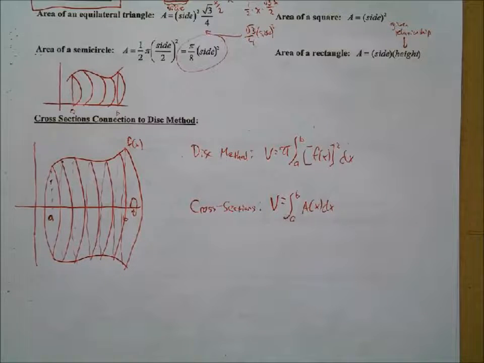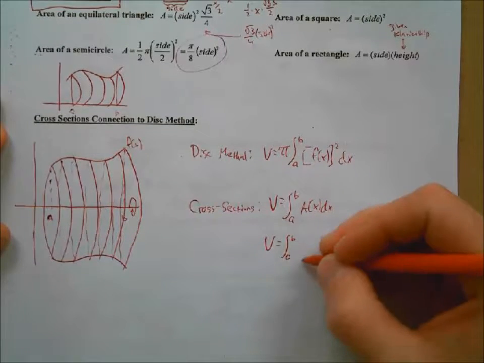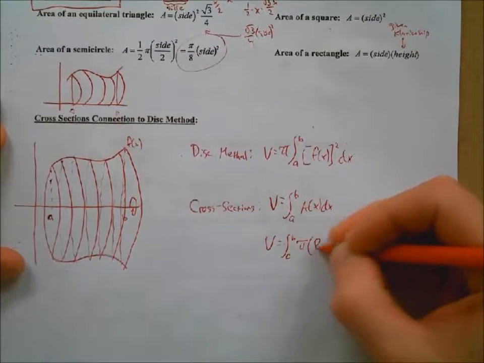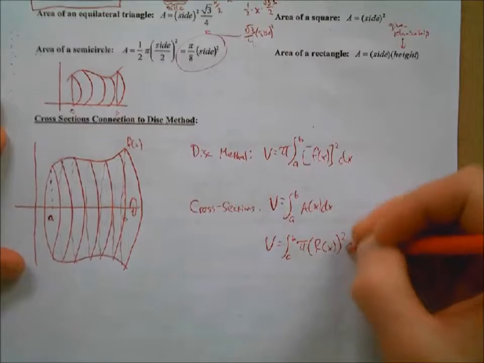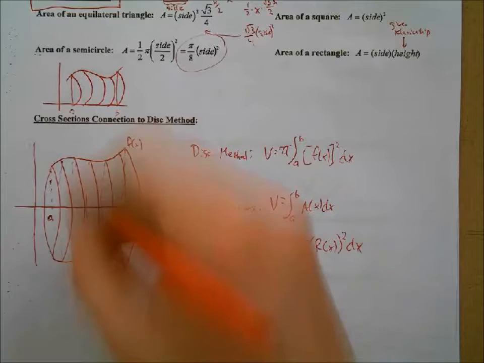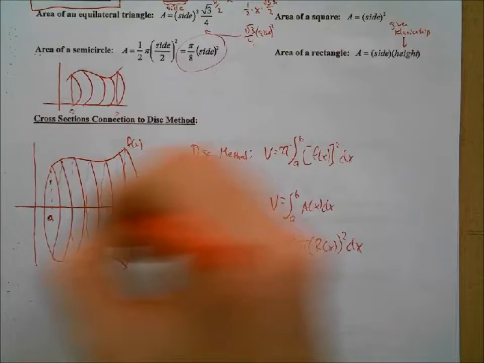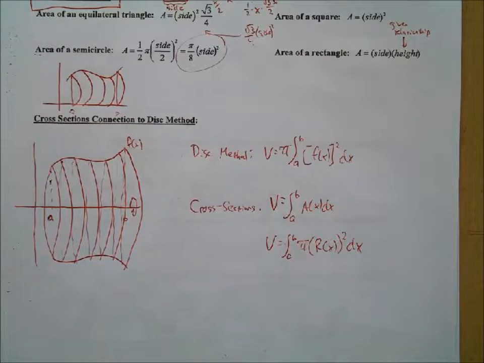Pi r squared, right? And so the volume will be the integral from a to b of pi times a radius squared. Of course, our solid's radius is changing, and the radius is changing dependent on what? What determines the distance from the center of our solid to its edge?